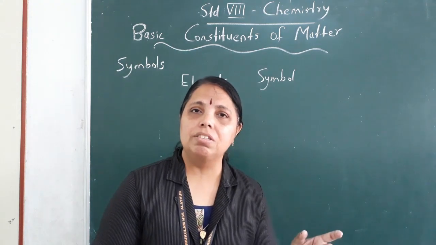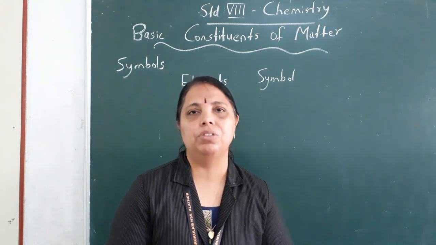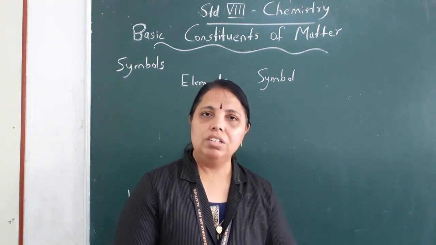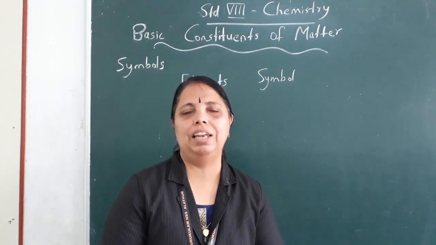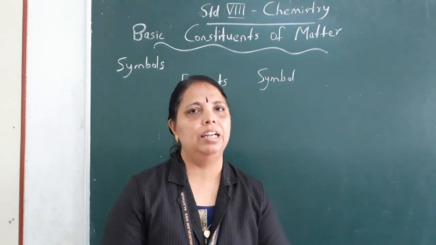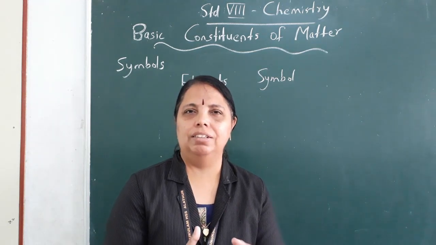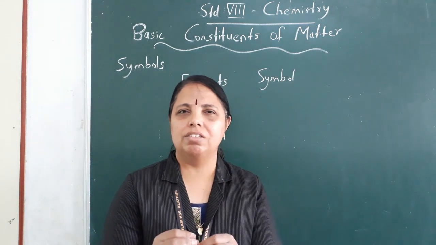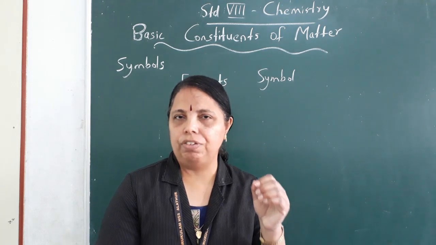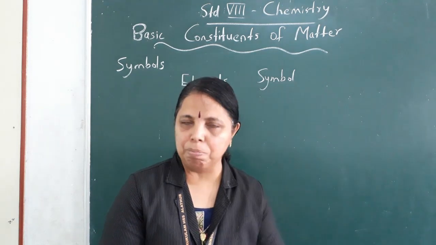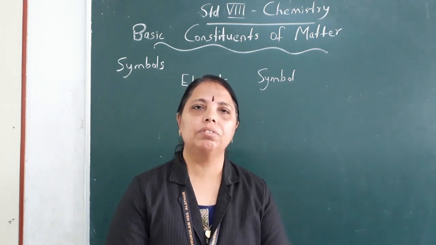From symbols, we are able to write the chemical formula of compounds. What is a chemical formula? You will study all that. In higher classes also, you will have a deeper understanding about this topic. As of now, you should understand that the basic thing is the atom in chemistry and all the atoms of an element are given different symbols. Don't be confused, I will start with my topic.